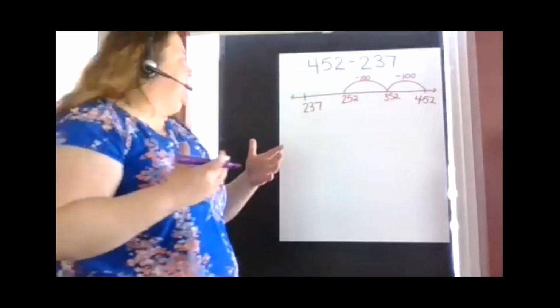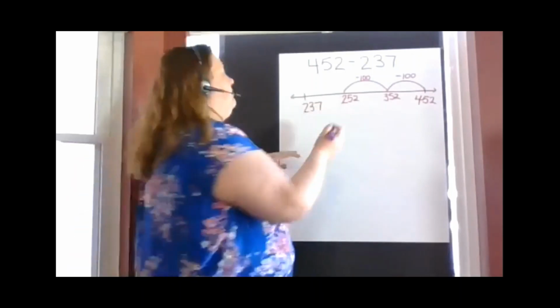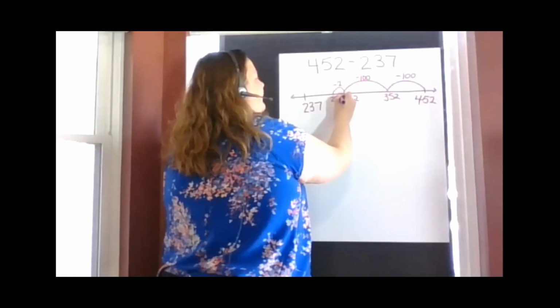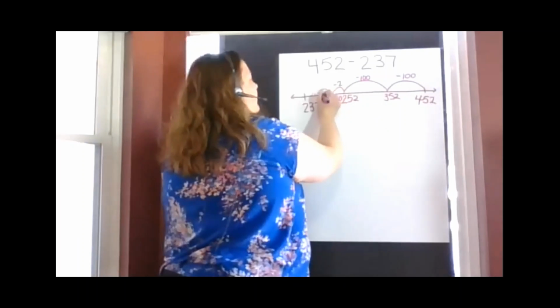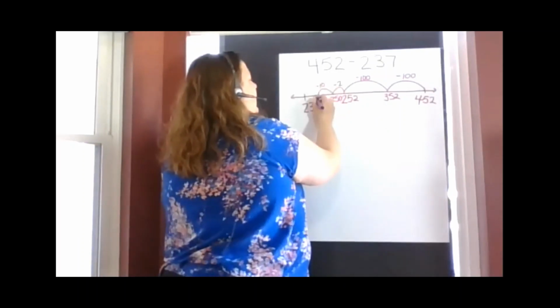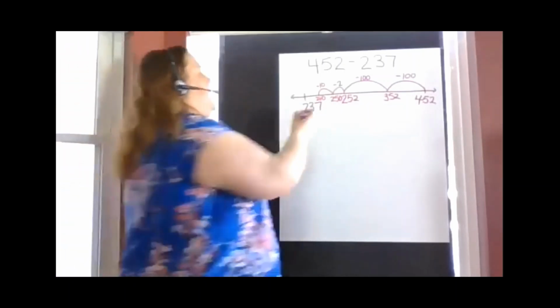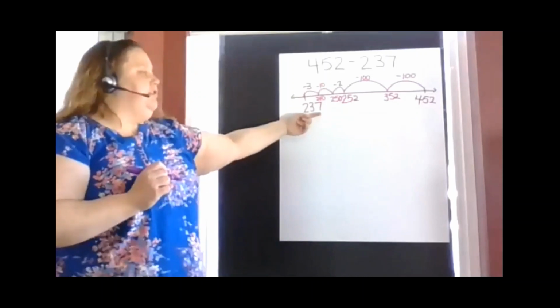I'm not comfortable necessarily with those numbers. Maybe I will take away 2. And I get to 250. I'm going to take away 10. And I get to 240. Well, now I know I only have to take away 3 more to get to 237.